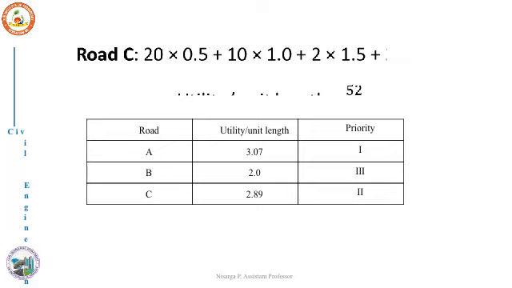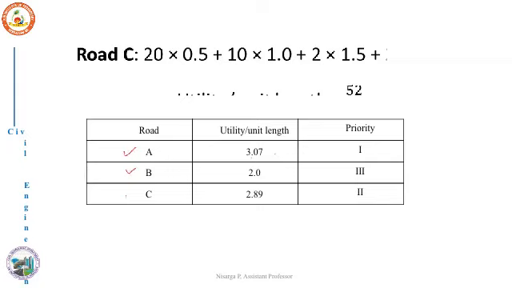Once you calculate that, tabulate it in a table for road A, road B and road C. Utility per unit length calculated as 3.07, 2.0 and 2.89. Now when we fix up the priority, the first priority must be assigned to that one road network which will yield us the maximum utility.